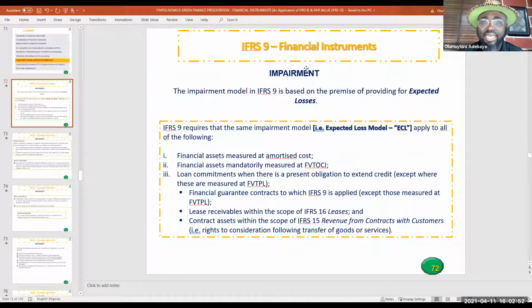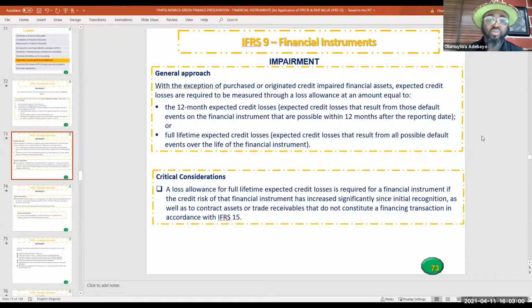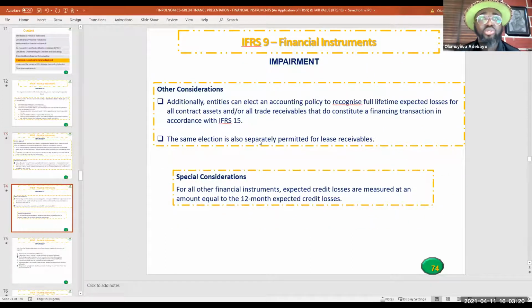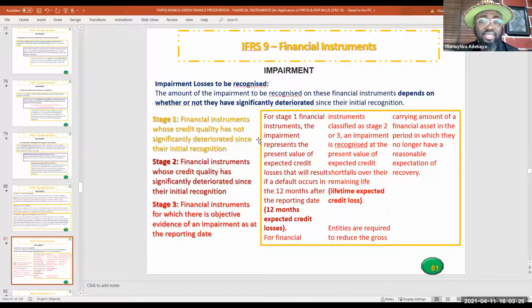Okay, now let's start our journey. Our journey is to discuss extensively the general approach. Now, as I've said earlier, the general approach is where all financial assets are categorized.